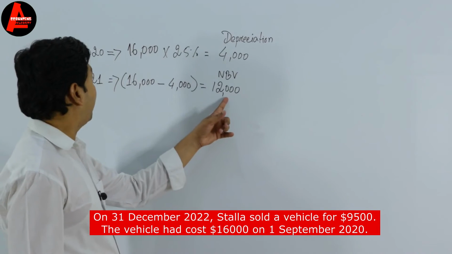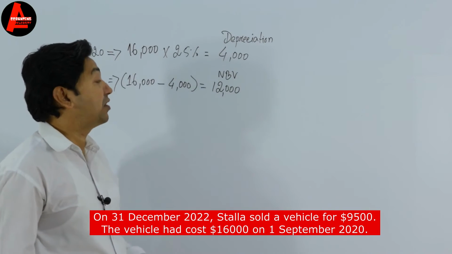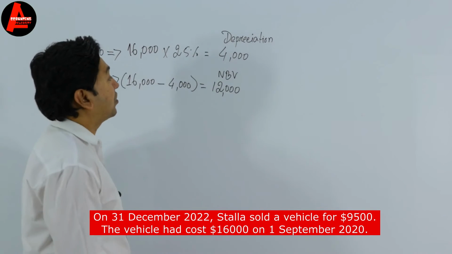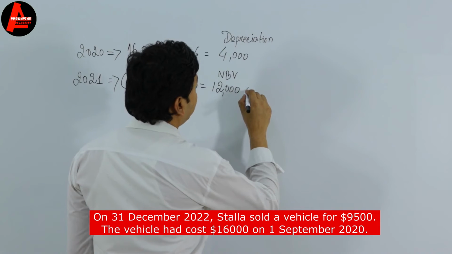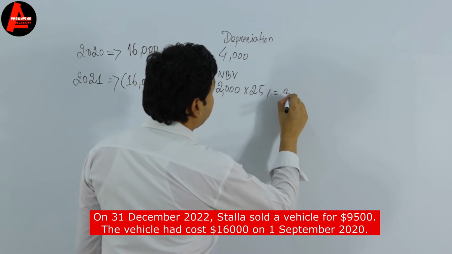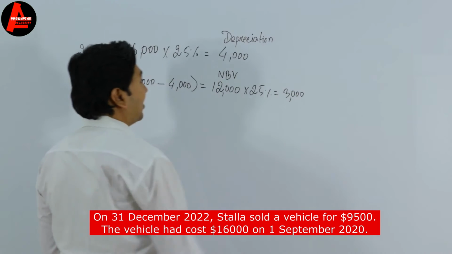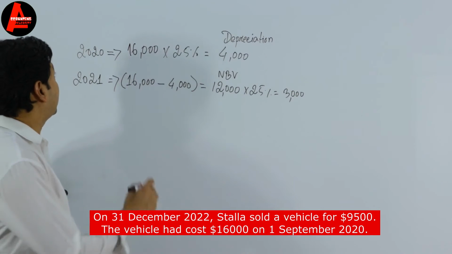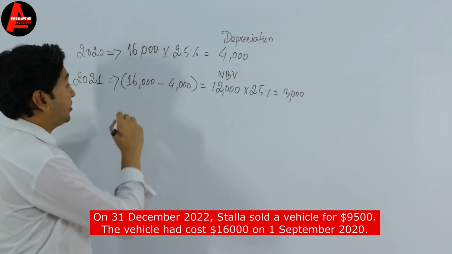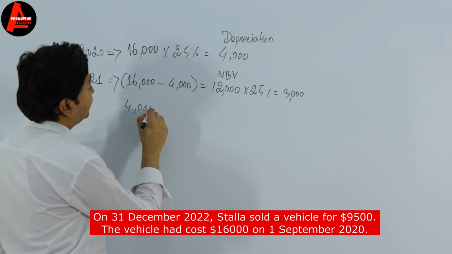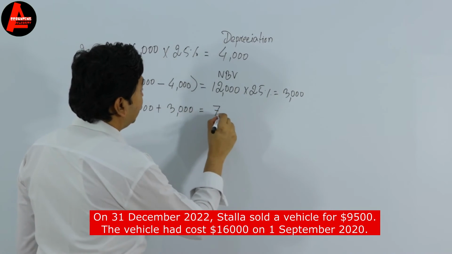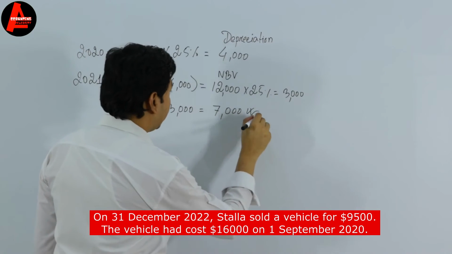Now for 2021 we need to calculate depreciation on this amount, the net book value of $12,000. If we multiply by 25%, we get $3,000. So for these 2 years, 2020 and 2021, how much depreciation did she charge? $4,000 plus $3,000 equals a total of $7,000 depreciation charged.